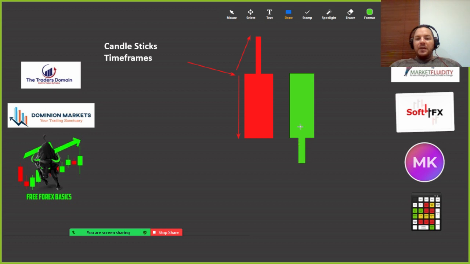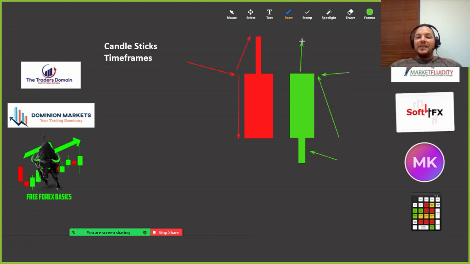So in this situation, what you have is exactly the opposite of this. Same situation, you have your wick and price continues up and closes there.